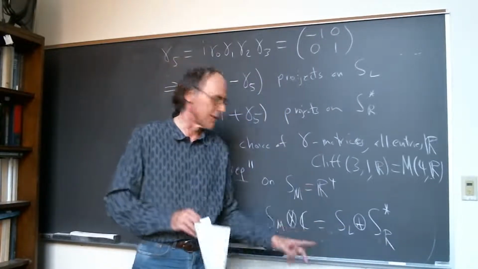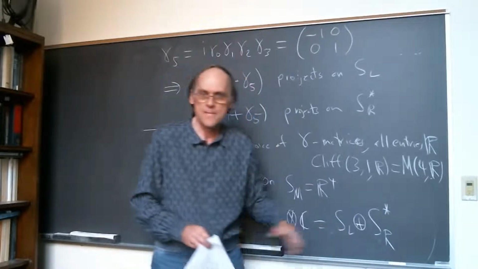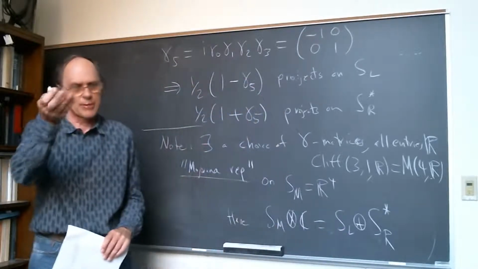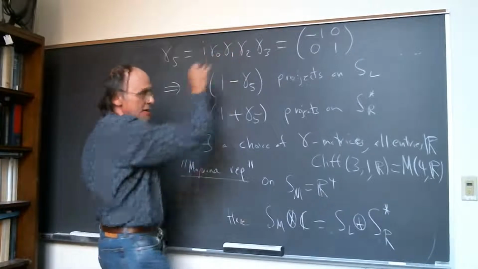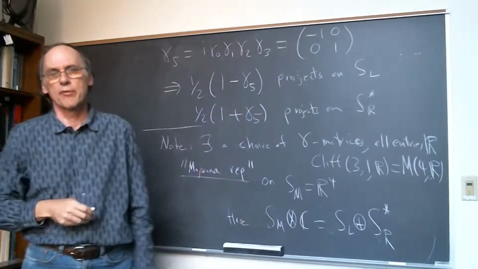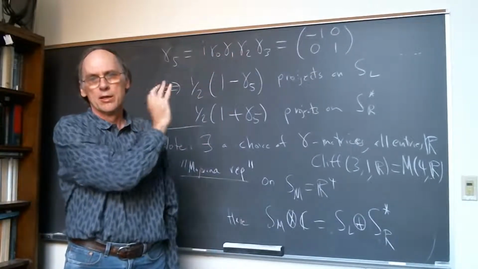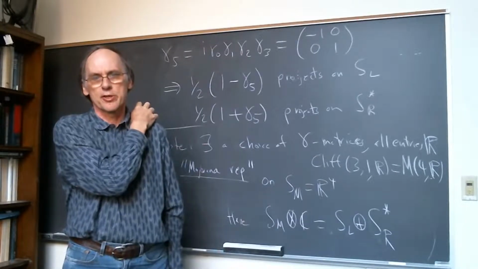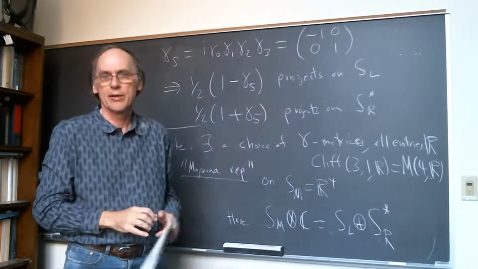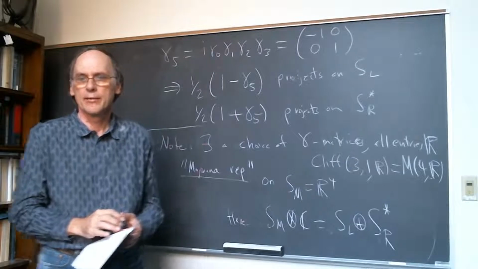You have to complexify in order to be able to do this. But this gamma 5 is exactly the one that was in your problem set before, yes, and the properties you're being asked to show there should be consistent with what I'm saying here. Is that right? Okay.